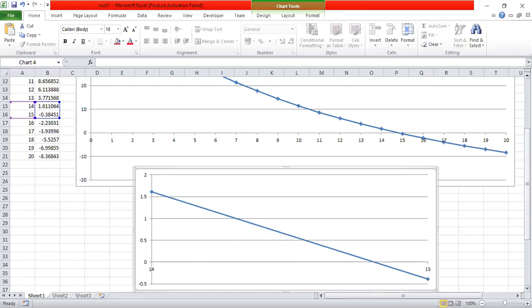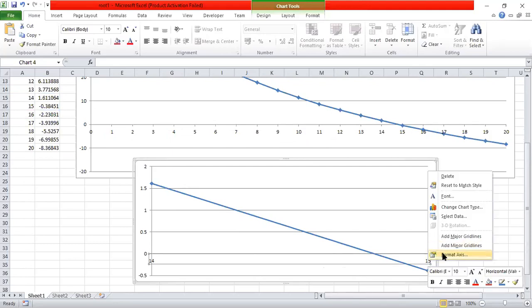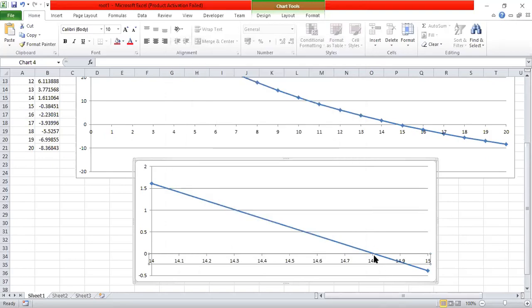So we know that the root is somewhere here. So let me change the axis so that it's going to be 0.1 plus. Okay, so I've changed the axis now.